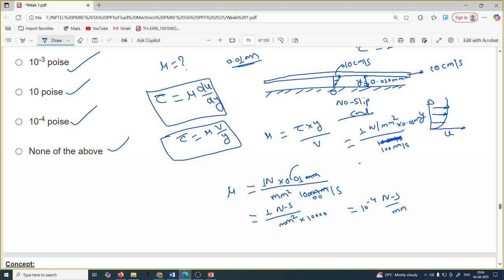But remember, here the option is given in poise. Now you have to be very careful about what is poise.